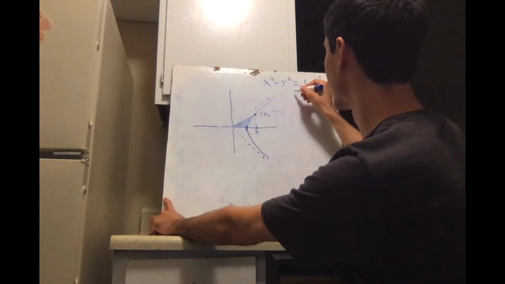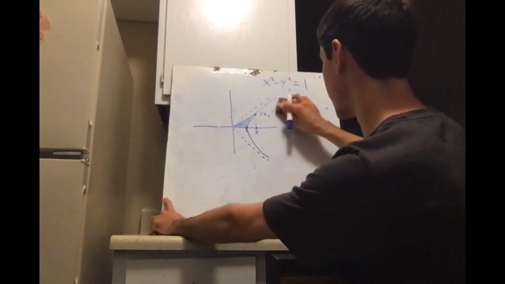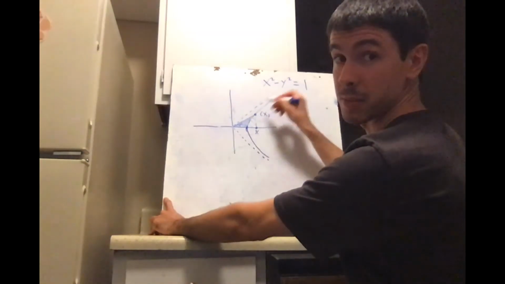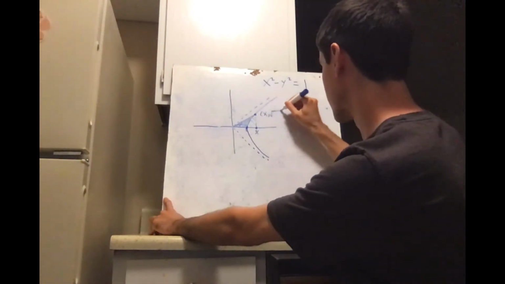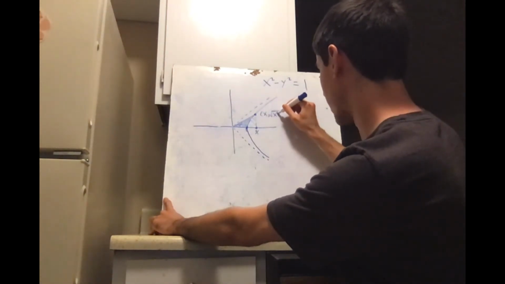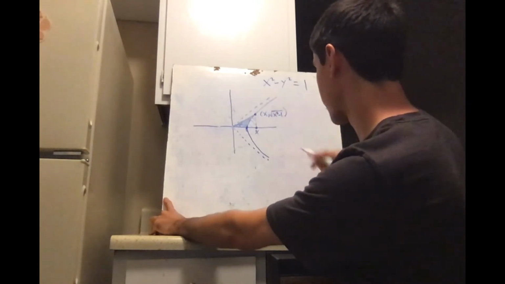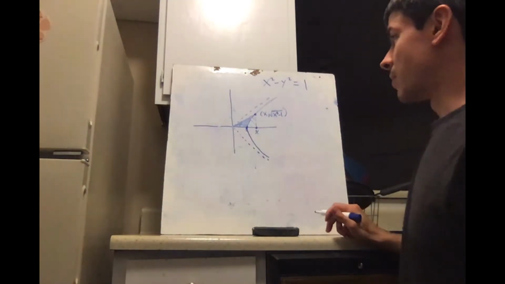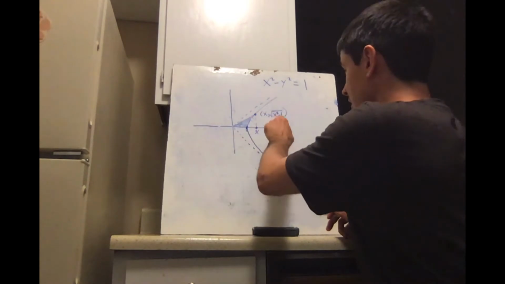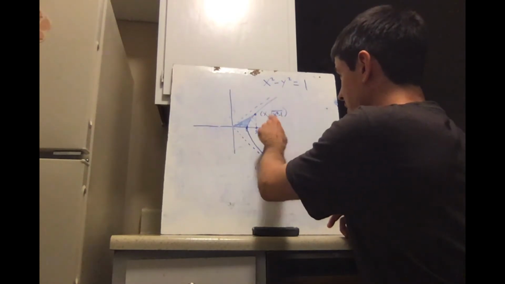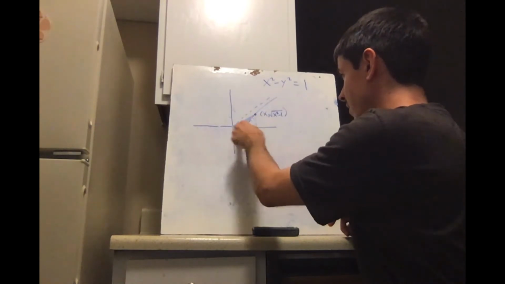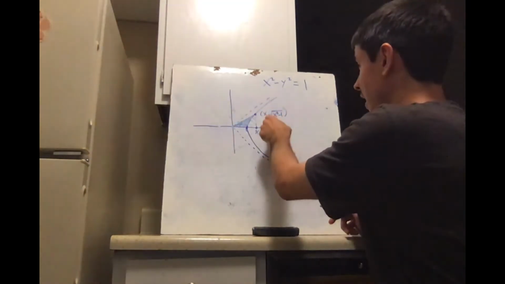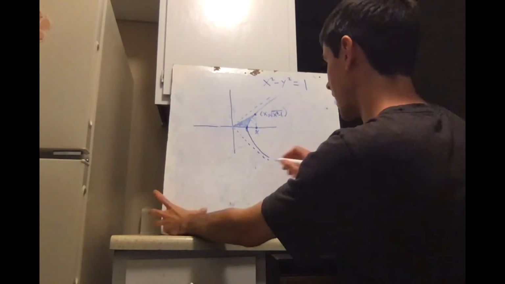We get y equals plus or minus, but we're up here on the plus branch, so plus square root of x squared minus 1. So the height of this triangle is the square root of x squared minus 1, the total straight triangle right here, and the base is x.